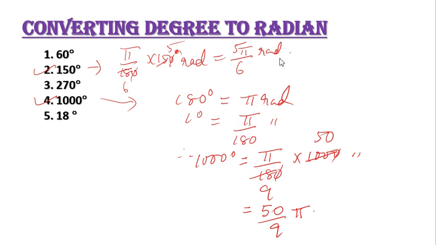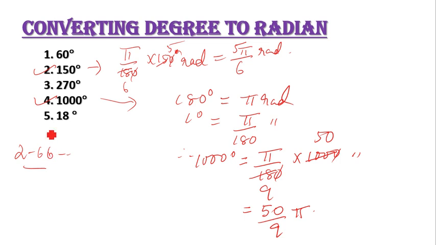Now, another very important thing: you may not calculate it in a very elaborate way. You may keep the answer as 5 pi by 6, but suppose in the options they give you, instead of 5 pi by 6, a numerical value like 2.666 something, with no pi given.